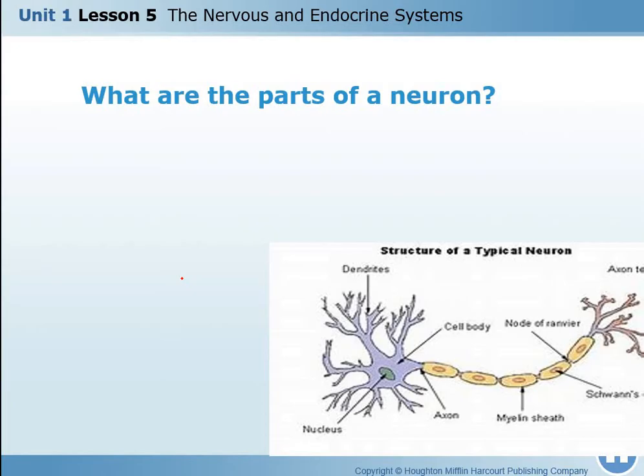These are the parts of the neuron, like we said: the dendrites, the cell body, and the axon. The axon is covered by a lipid layer known as the myelin sheath. At the end of the axon, we have the axon terminals.